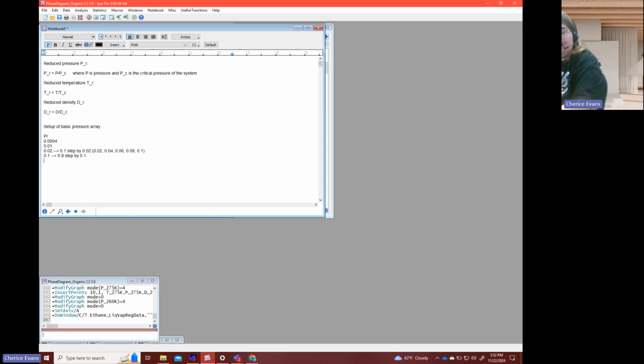So I'm going to go back to stepping to 1.1. I'm going to step again by 0.02 because that frames the critical region on both sides.